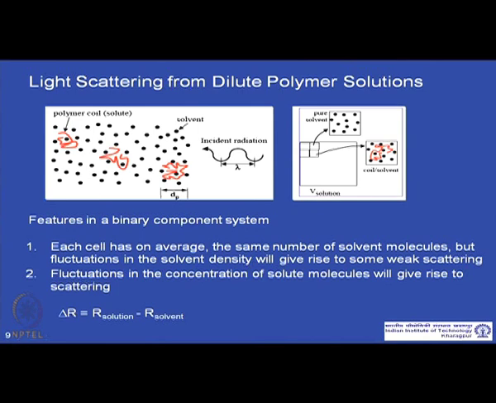Basically, in the instrument we try to detect the scattering only from the solute molecule, in this case a polymer molecule, in a dilute solution so that there are not many intermolecular interactions. We deduct the scattering determined for the solvent from that of the solution, so that we get the scattering only from the solute molecules.